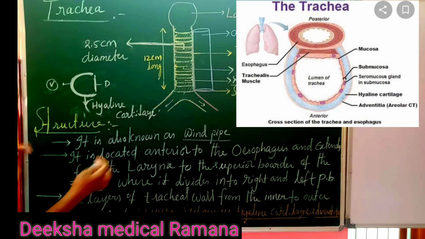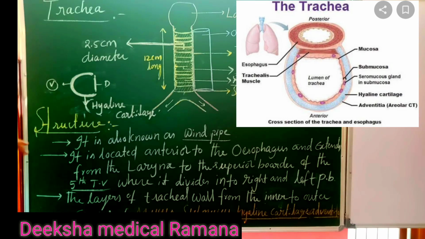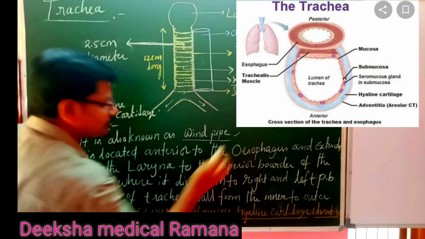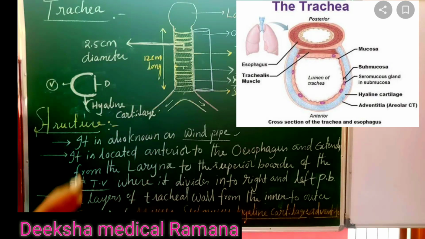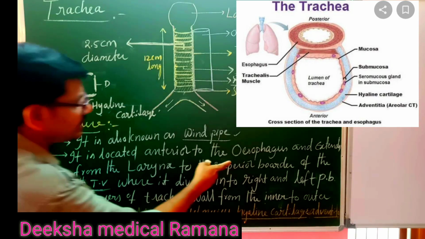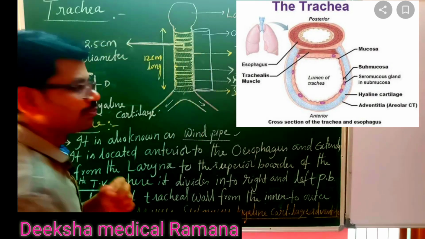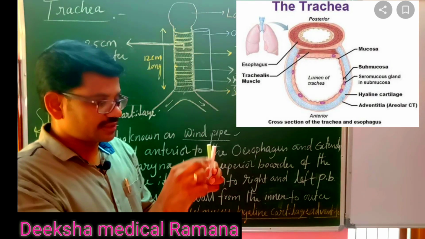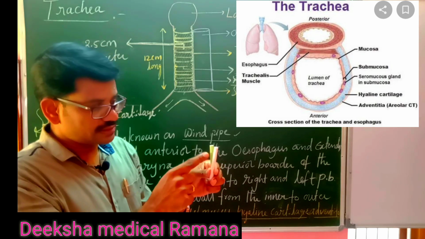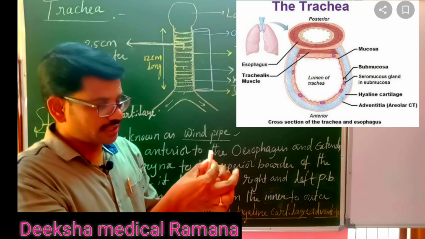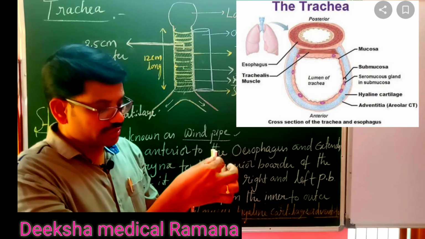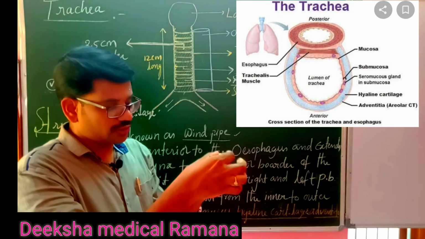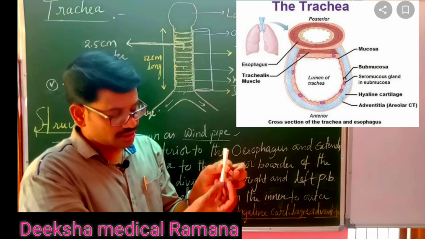Let me explain some more points about the trachea. It is also known as the windpipe because it allows air into the lungs. Next, it is located anterior to the esophagus. If you see here, this is the trachea and this is the esophagus. There are two tubes: the trachea allows air into the lungs, and the esophagus allows food into the digestive system or stomach, right?